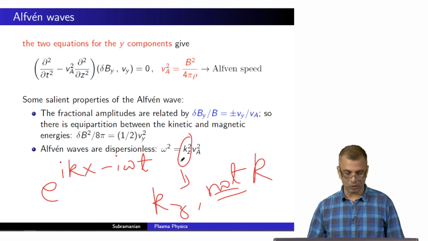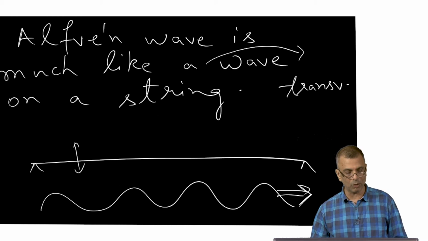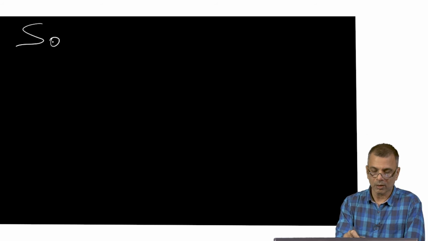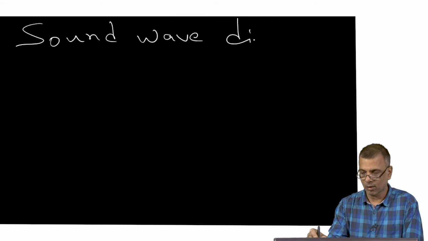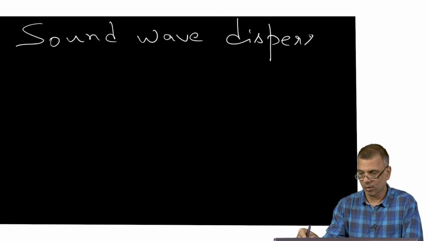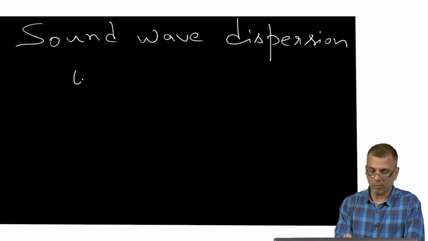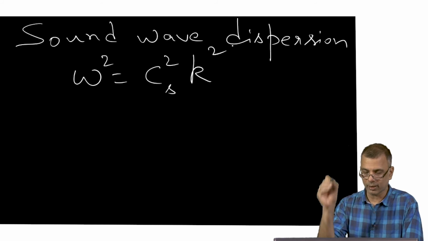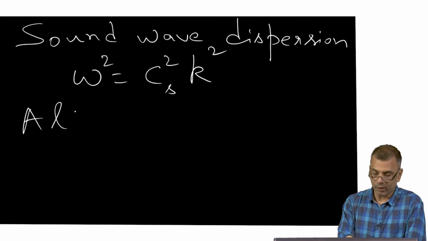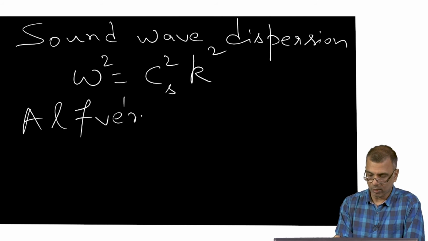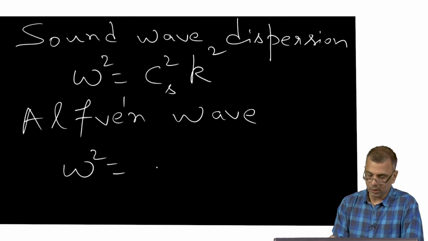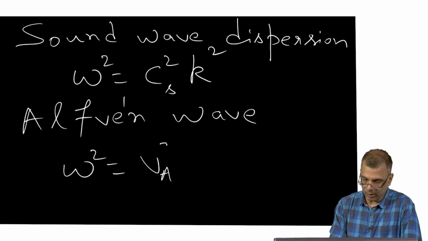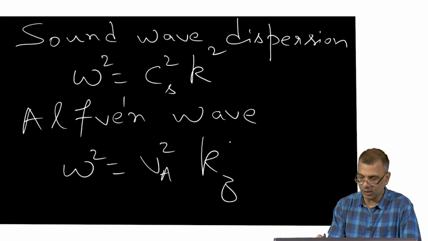The dispersion relation for a sound wave is omega squared equals c_s squared k squared, like that. For the Alfvén wave it is omega squared equals v_A squared k_z squared.